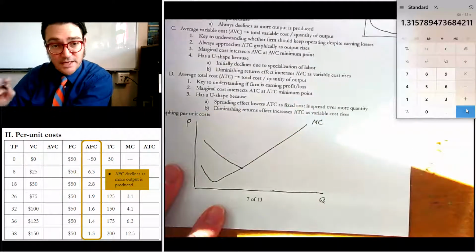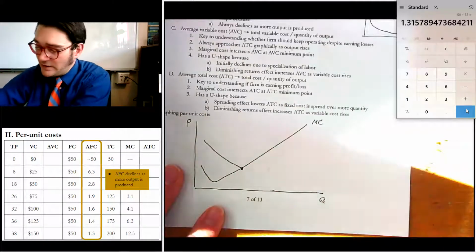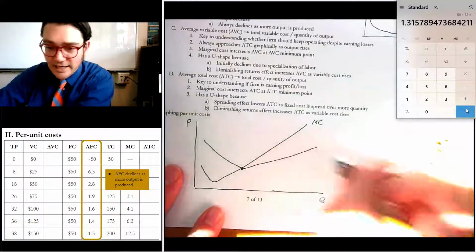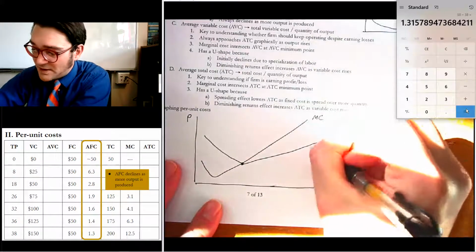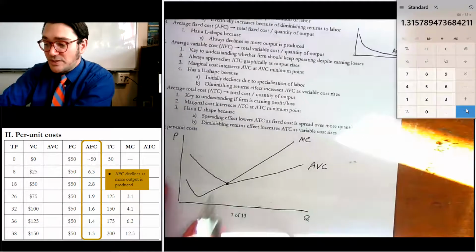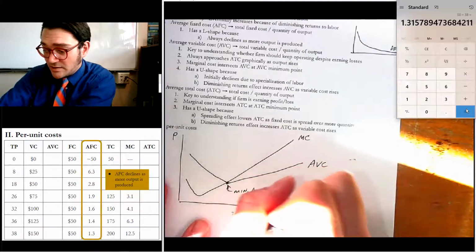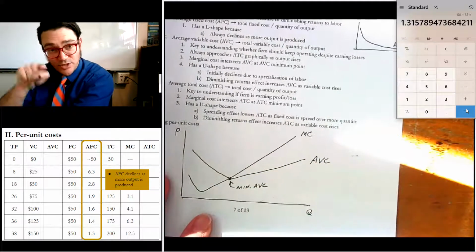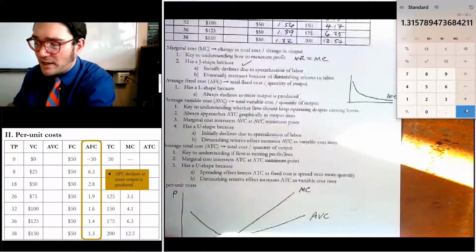My suggestion is come down, take your pen off, and put a dot, and then come back up again. And it can even be kind of like a V, a wide-mouthed V. And that's our AVC line, okay? So we noticed that that point is the minimum of the AVC, and it has to be going through the MC there. That's why I encourage you, draw down, stop, move your pen up.